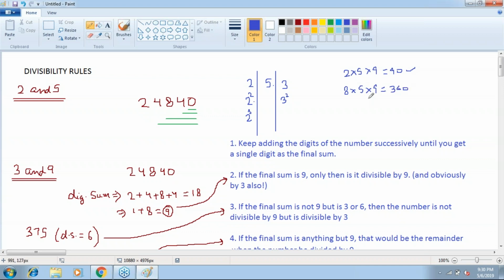So without actually checking by such big numbers, we can declare that the number is divisible by such big numbers. Any combination that you can make using one of the 2's column, one of the 5's column and one of the 3's column, whether it is 8 into 5 or 4 into 9 or anything, the number will be divisible by that.